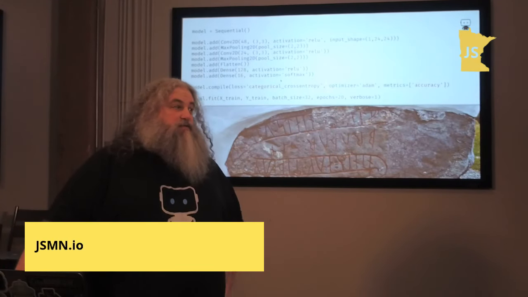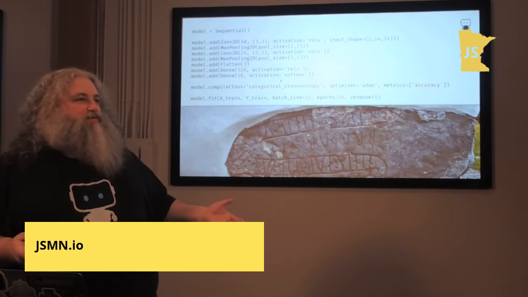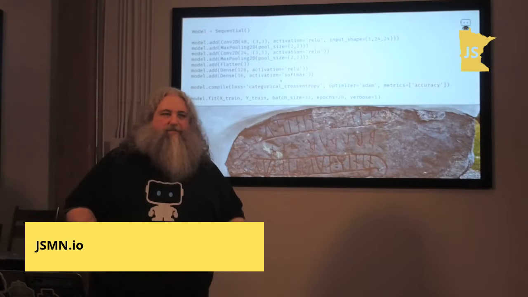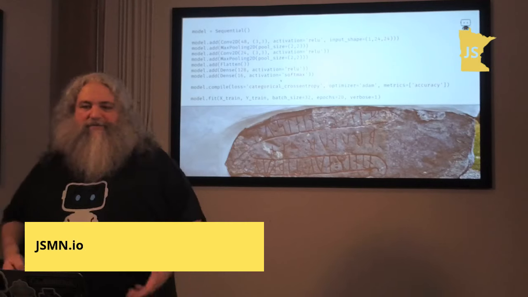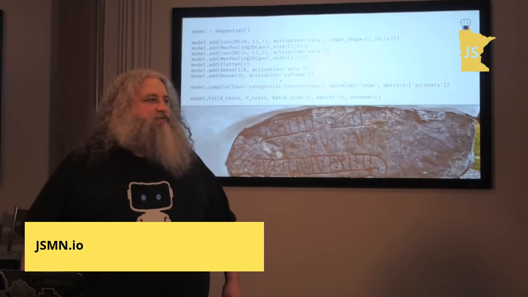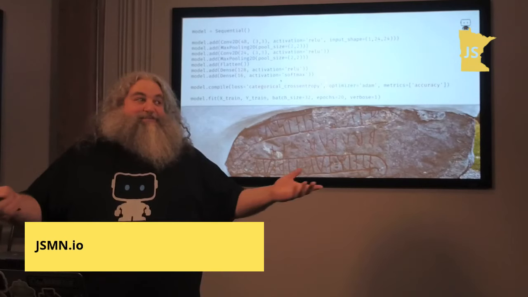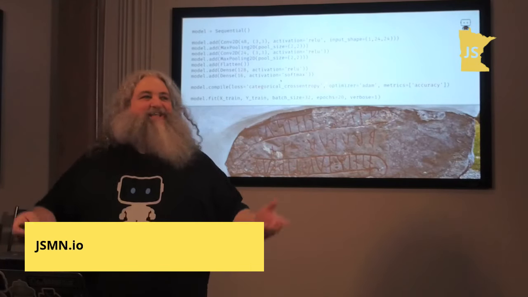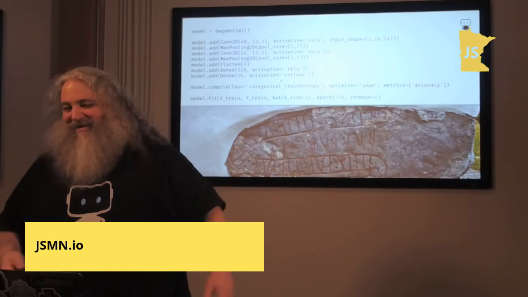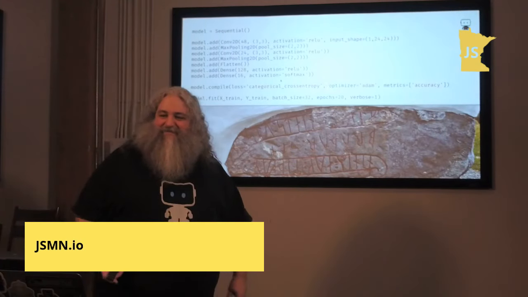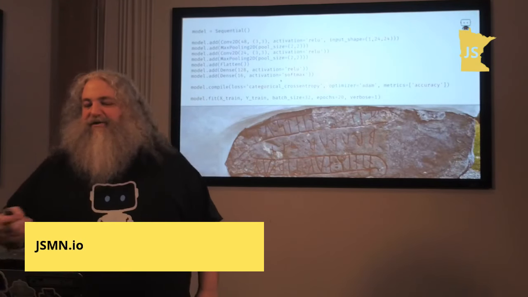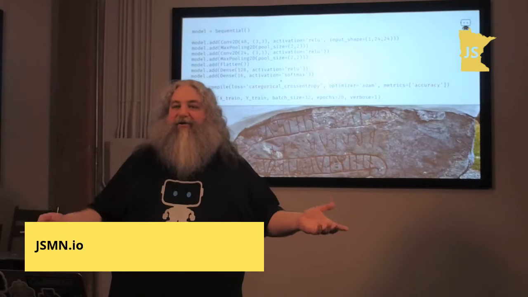There are other optimizers. And a lot of how I got all these numbers for this neural network was not that I was smart and figured out what the numbers were. I put some numbers in and measured the accuracy of the network and said, well, that sucks. And then I put in different numbers. And I'm like, that sucks less, or that sucks more. And so I experimented. And then my metric is accuracy. So this is how accurate the model is.